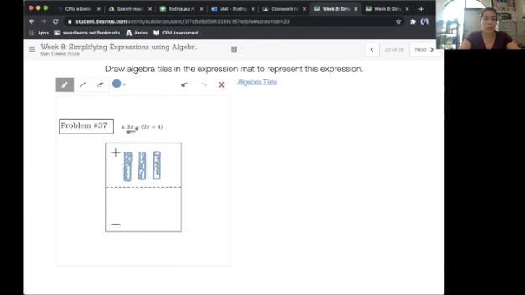So if you just want to use 3 lines as your 3X, you could do that as well. The next thing says minus parentheses 2X plus 4. So then what I need to do is, this is saying that I'm going to put it on the opposite side. So remember, the minus parentheses means that this is going to go to the negative side. So I'm going to draw that here. So 2 X's. Here's 1. Here's 2.